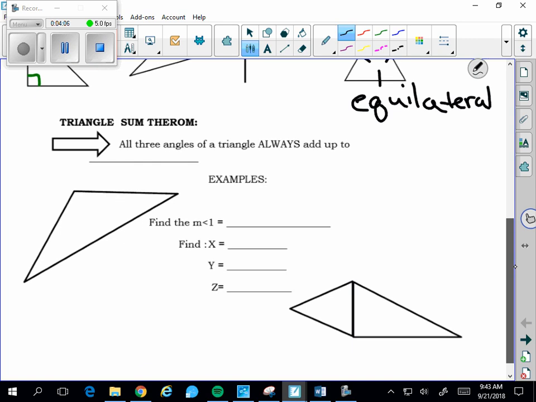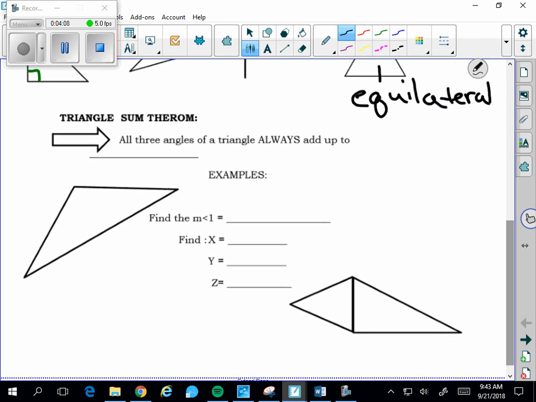Let's take a look at this down here. Triangle sum theorem. Also something that I think we all know. All three angles of a triangle always add up to 180 degrees. You might not have called it the triangle sum theorem, but now we've got a name for it. So in this first example, if I say this is 36, this is 102, and this is angle 1, how am I going to find the measure of angle 1?